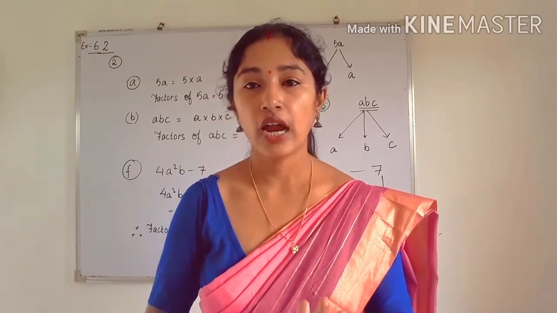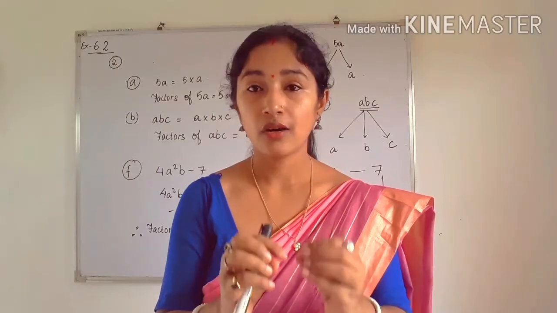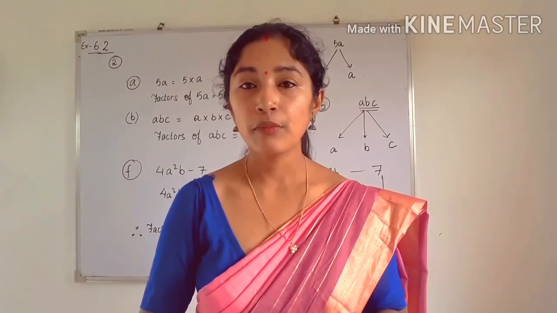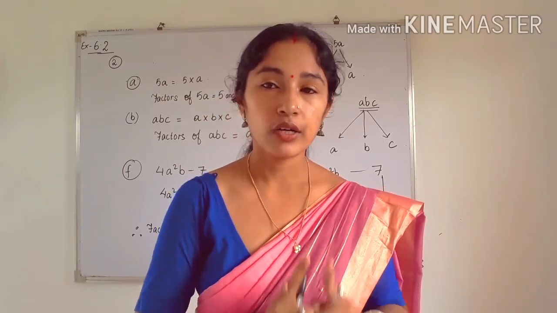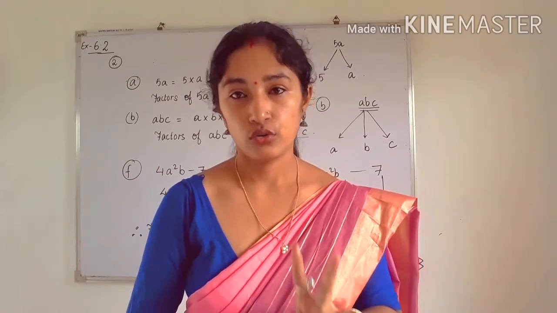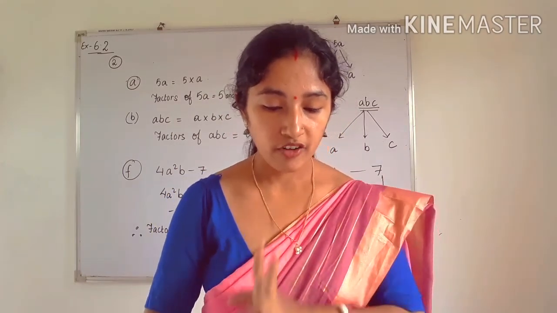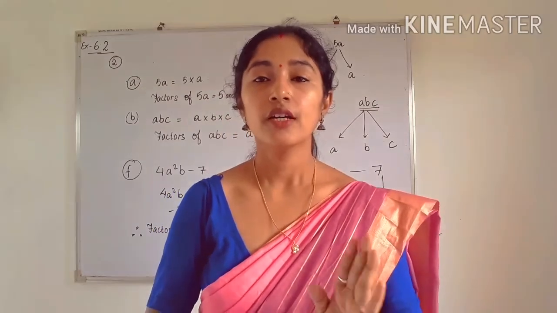Already I told you that terms are connected, not separated, by only positive or negative symbols. Here only one symbol is there, that is plus, so there are a total of 2 terms. Next is number D, 3x square, 5xy and y square. How many terms? 3 terms. That means it is a trinomial.